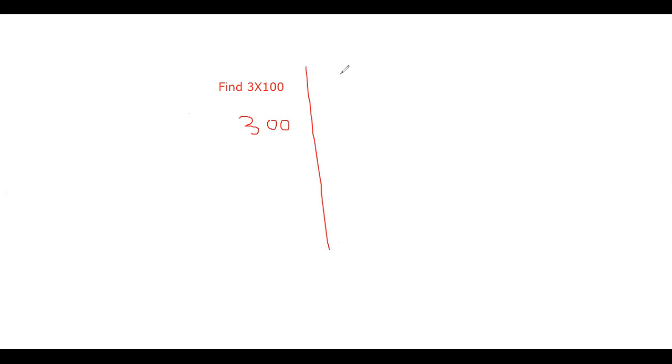Suppose that I have 2 times 200. We just multiply 2 times 2, which equals 4. Now we have 2 zeros left, so that equals 400. So in exam, you will choose 400.